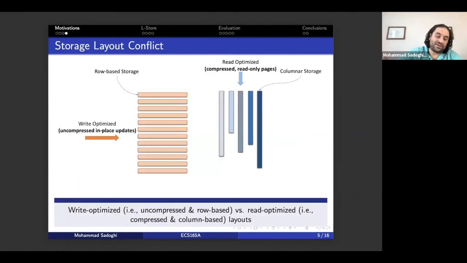And what that conflict is, we talked about this in the read layout. In the row layout, records are stored contiguously. They are not compressed. If I want a change, I do the change in place. For the columnar layout, instead, the column values are stored contiguously, which allows me to do compression and to do really well on read-only workloads because it's compressed.